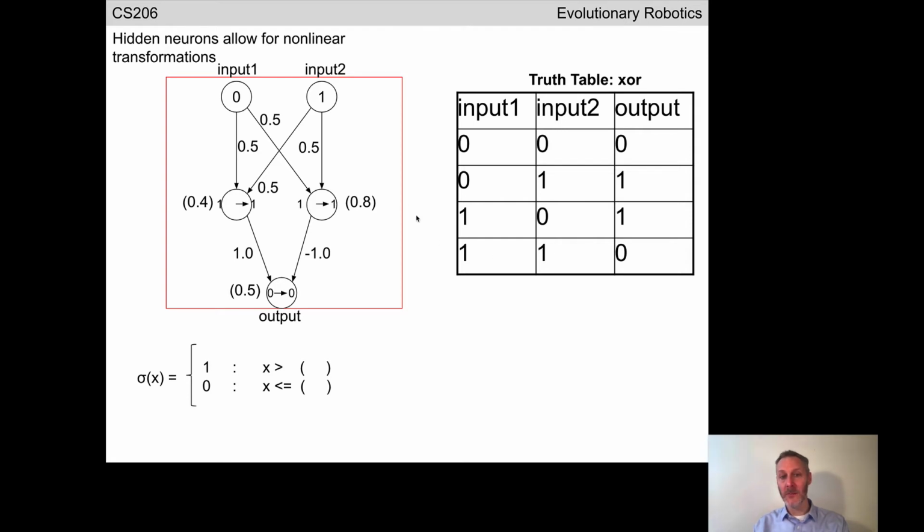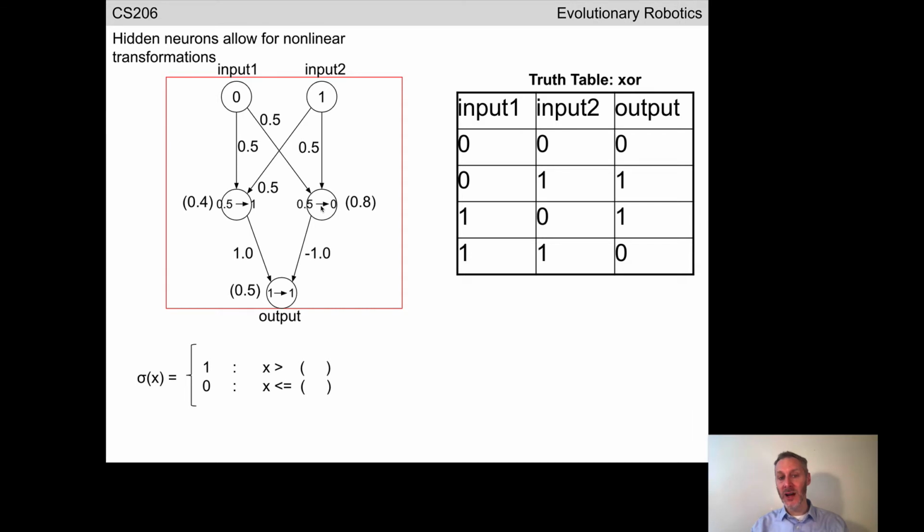Let me skip ahead here. When both of the inputs are 1, this lights up with a 1, and this lights up with a 1. In both OR and AND, when both inputs are 1, the output is 1. So we have 1 here and 1 here. 1 times 1 plus 1 times minus 1 is minus 1, so the 1 and the minus 1 cancel each other out.